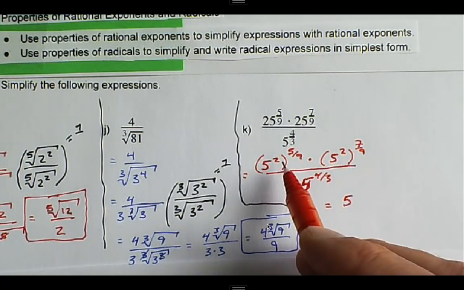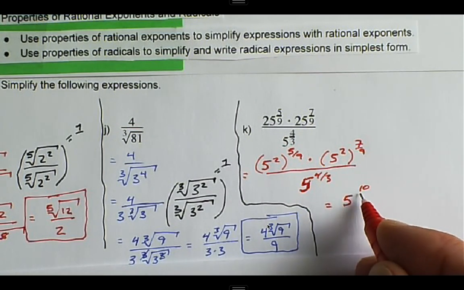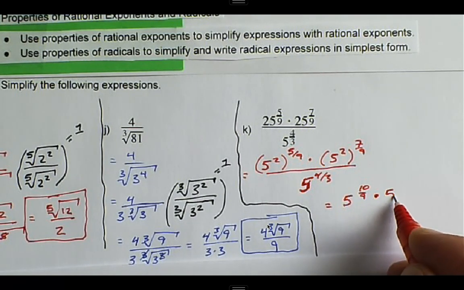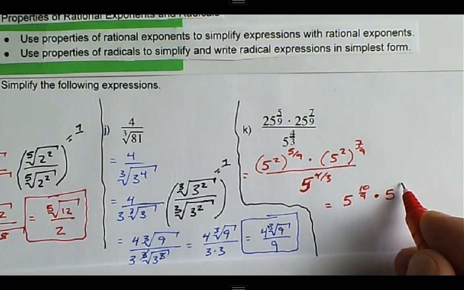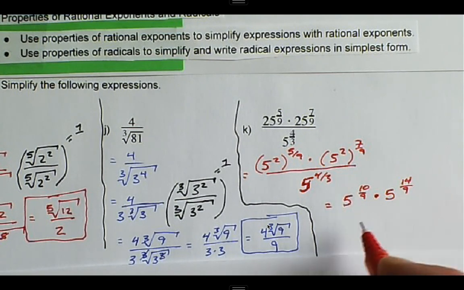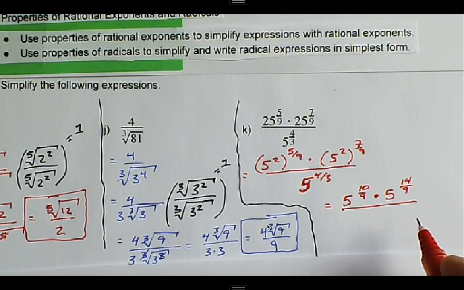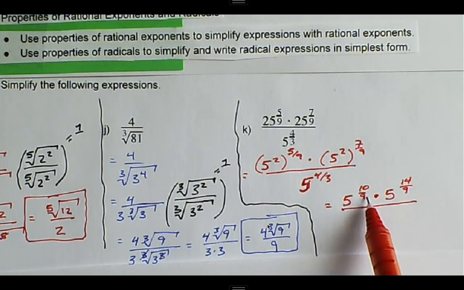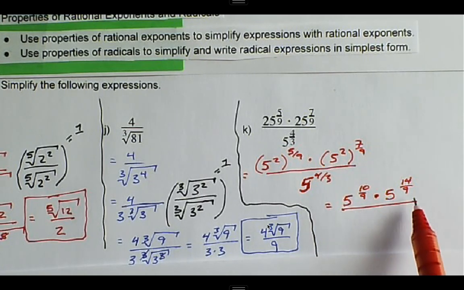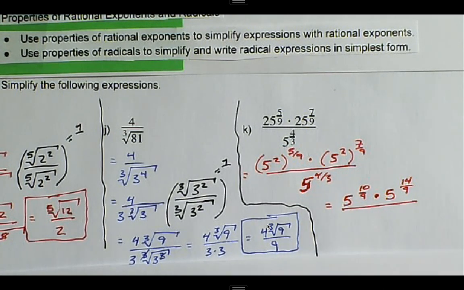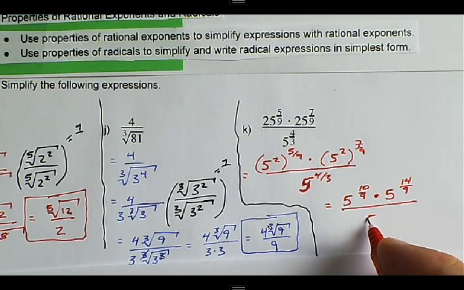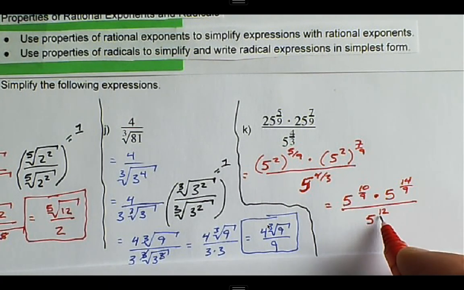So 5, 2 times 5 is 10, times 5, and then 2 times 7 is 14, and then we leave the base alone. And then in the denominator, we don't do anything, but what do we notice about the numerator? We have 9 and 9. So if we're going to want to add these all together later, we want to make that denominator the same. So we can multiply this fraction by 3 here. So 4 times 3 is 12, and 3 times 3 is 9.